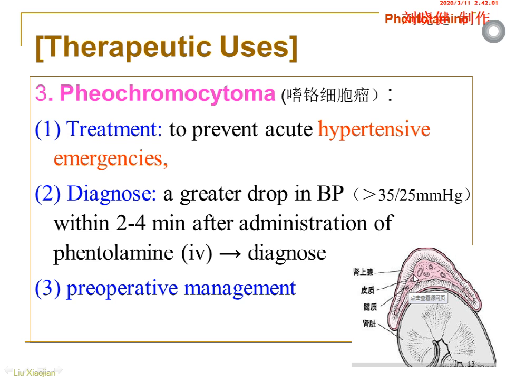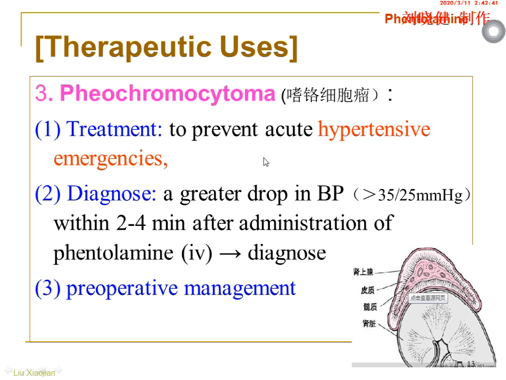So when too much epinephrine is secreted from the adrenal medulla, patients with pheochromocytoma usually have very serious hypertension, tachycardia, like that. So we use this drug to prevent hypertensive emergencies, because it can block alpha receptor, induce vasodilation to decrease blood pressure. It is very useful. So preventing acute hypertensive emergencies is very useful.